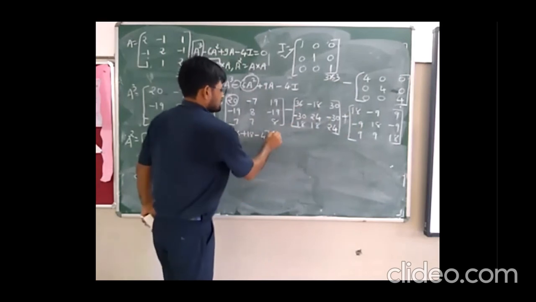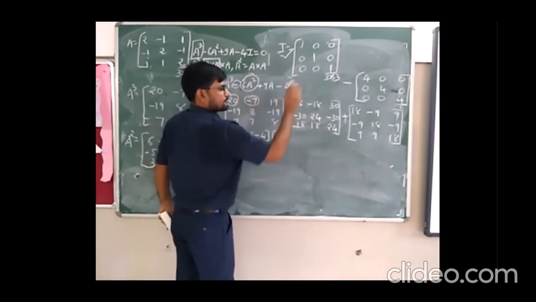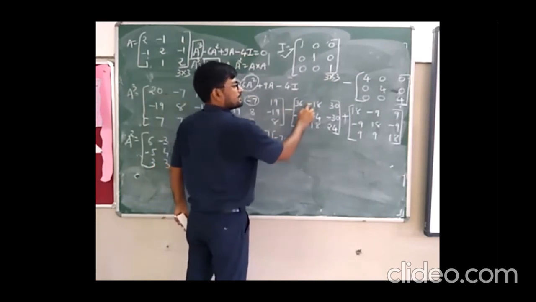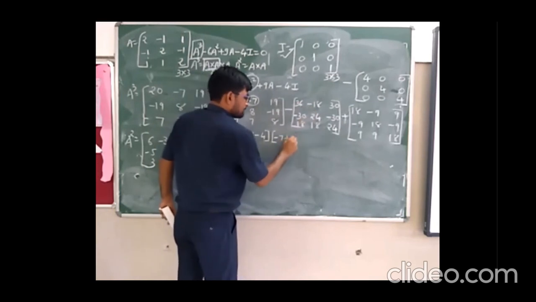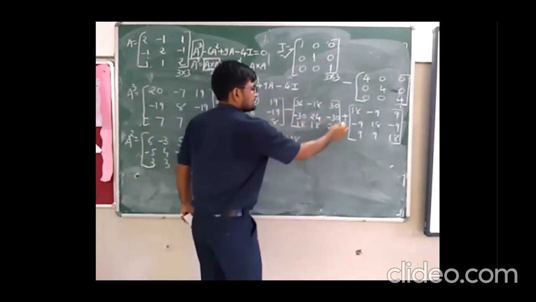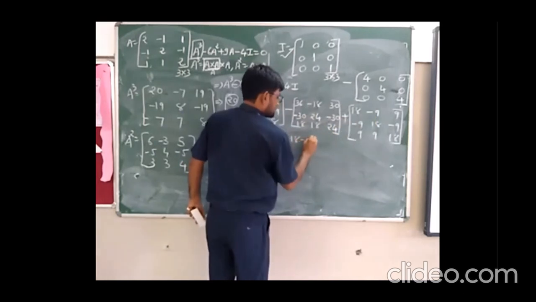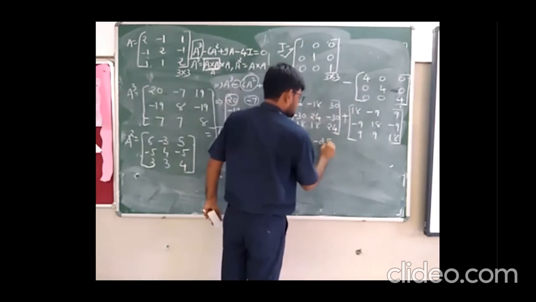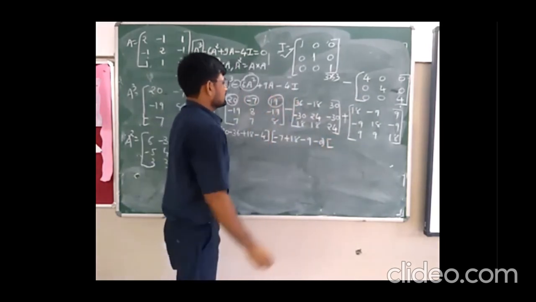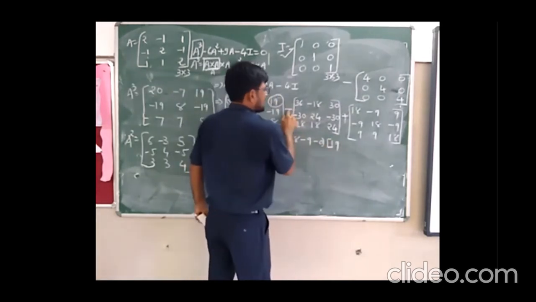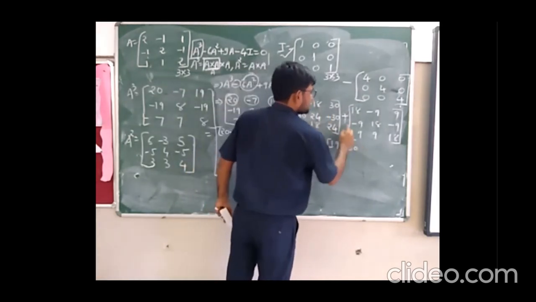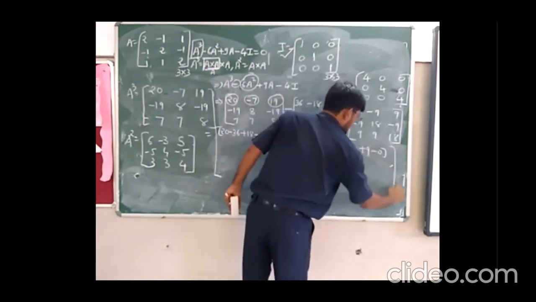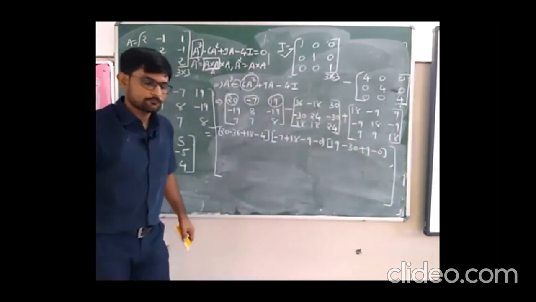In another bracket we'll use the second element from all matrices, minus 7 minus 18 plus 18, then plus minus 9 and minus 0. Then we'll use the third element. So 19 minus plus minus 30 plus 9 and minus 0. So this is the addition and subtraction of the first row.